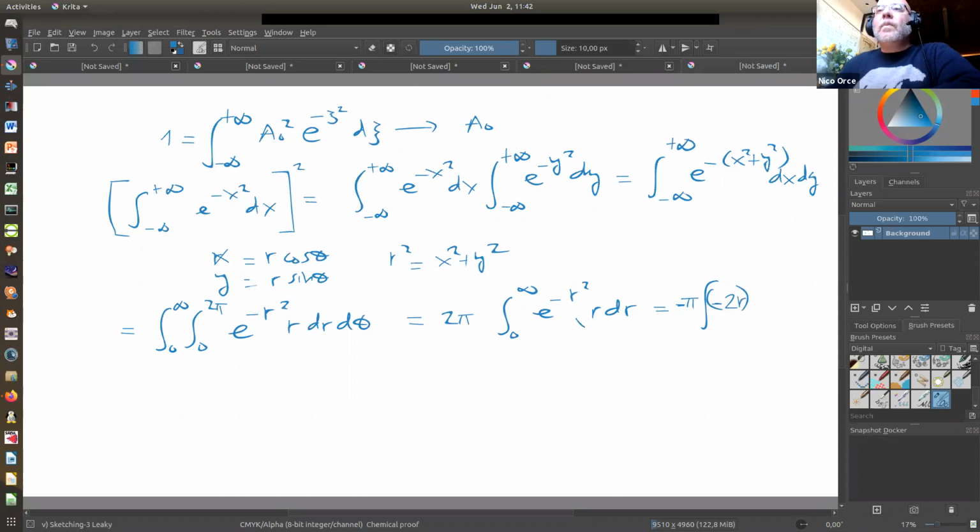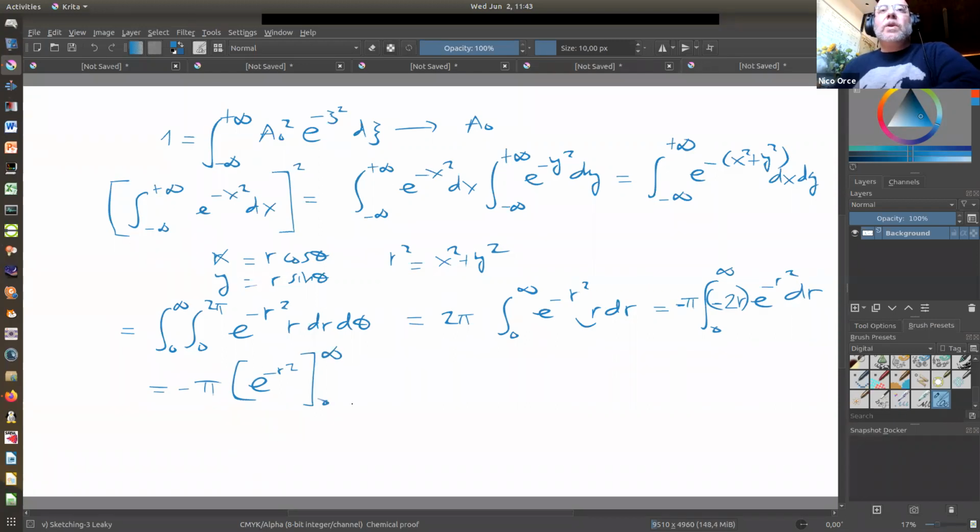This r, e to the minus r squared dr. This is the derivative of this. So this clearly simplifies, between 0 and infinity, to minus pi e to the minus r squared, integrated between 0 and infinity.